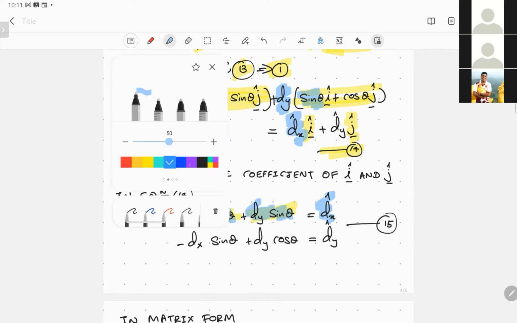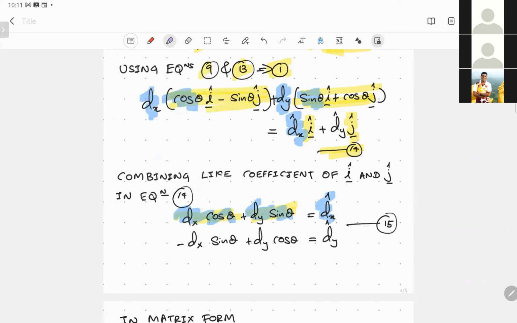Then in the next term, you can combine the terms corresponding to j hat, which I will mark in this color. j hat is this term, this term, and this term. So dy is equal to dx times sin theta, of course with the minus sign because there's a minus sign here, and in the next figure you have, of course, dy times cos theta.